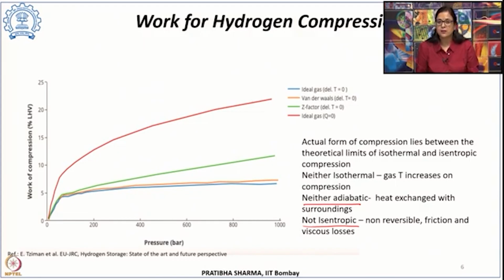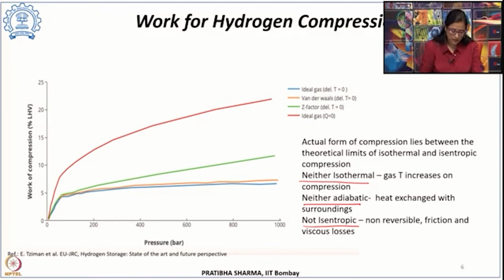There will be losses associated because of friction, there will be viscous losses. So all these make the actual process neither isothermal nor adiabatic nor isoentropic. Some of the researchers have even modeled the process to be a polytropic process.